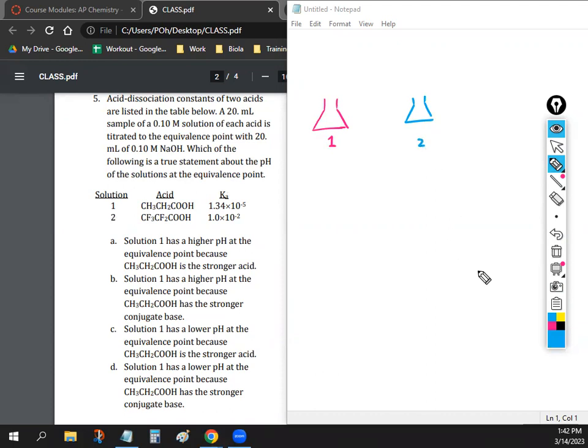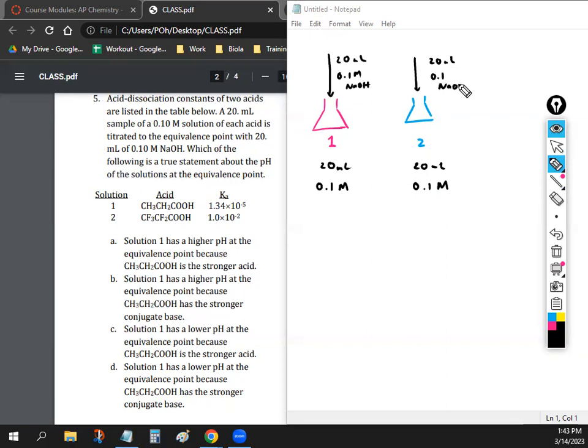Again, we'll go based on the numbers right here. It's basically telling us that both of these are 20 mils, and they're both 0.1 molarity. And their titration equivalence point is both 20 mils with the base that's described. So 20 mils, 0.1 molarity NaOH is what it needs to get to equivalence point, and this is also what it needs to get to equivalence point.